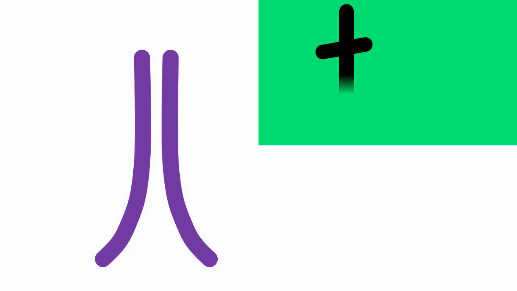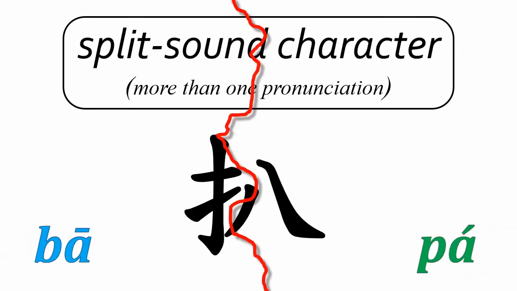Our fourth character also takes the separation radical as its phonetic and adds the hand radical on the left. It's pronounced either second tone pa, pa, or first tone ba, ba, depending on the meaning. For this reason, it's considered a split sound character.